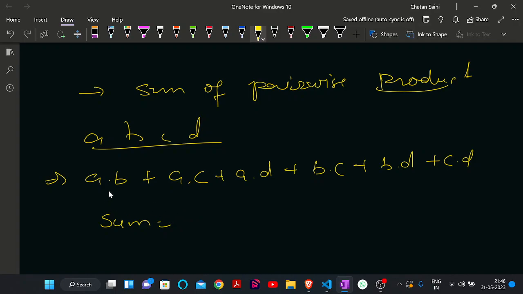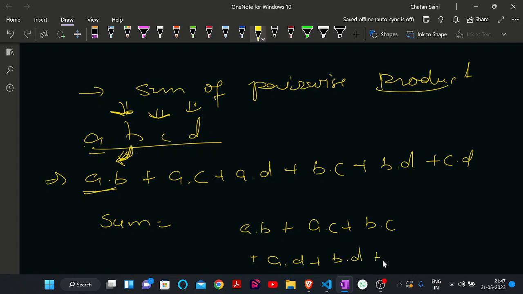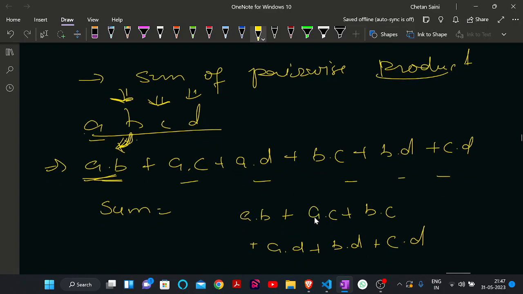Just think that you are coming here, then you can see that the summation of that will be a into b, all elements which are before b, that is a dot b. Then if you come here, the summation of all elements with c will be a dot c plus b dot c. Then here that will be a dot d plus b dot d plus c dot d. I hope we get all pairs: 1, 2, 3, 4, 5, 6, that is 3 and 3, 6.